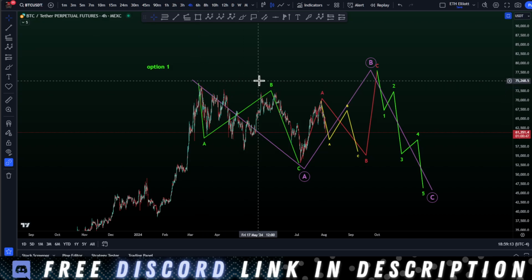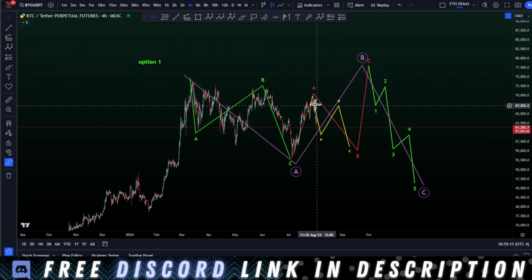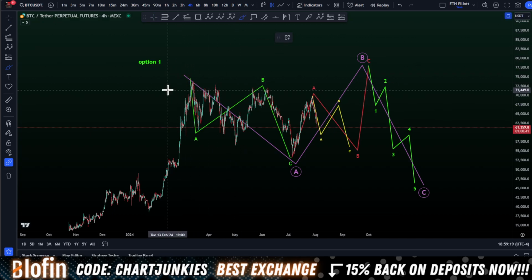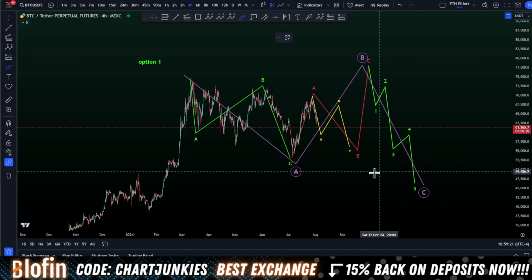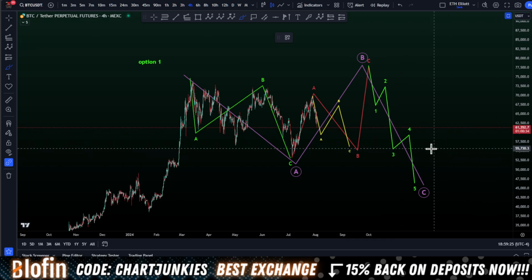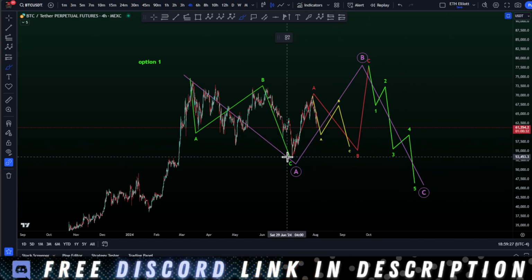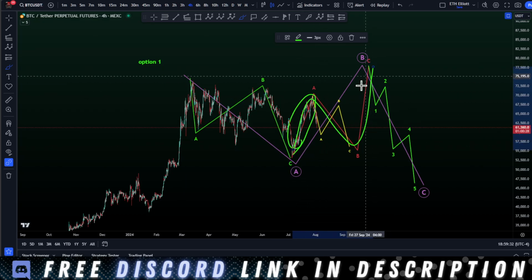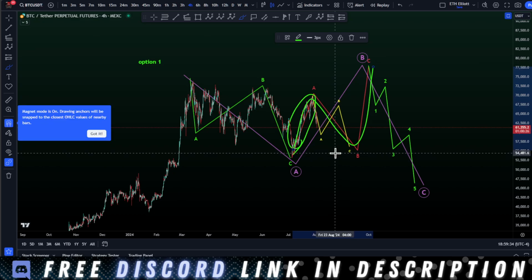Option 1. After we experience this big dump, option 1 is saying that we are in the middle of a flat correction where we have a correction down, a correction up, impulse down. And in this scenario, we have completed our first leg of our correction to the upside in our B wave.